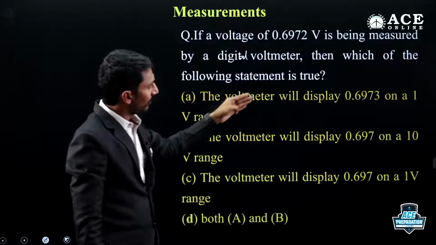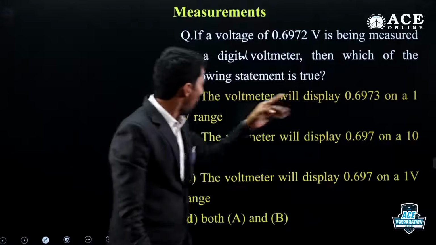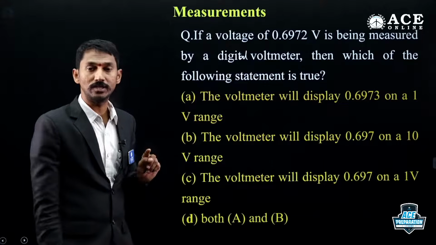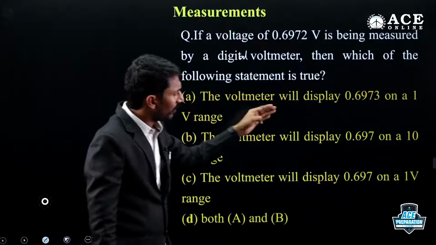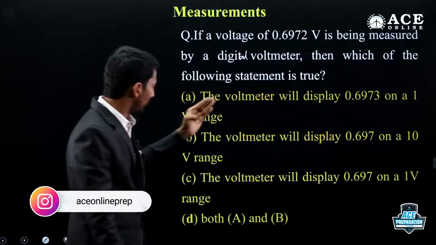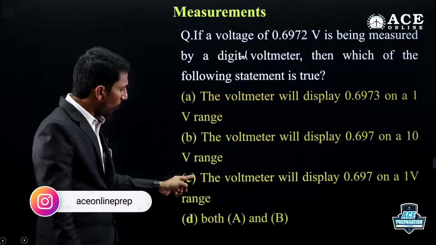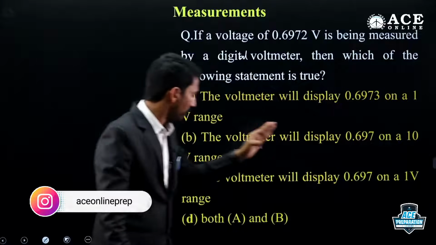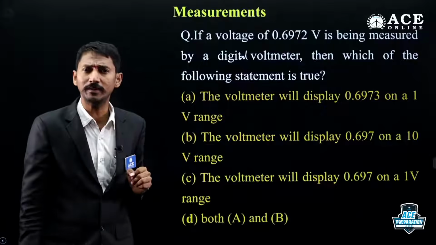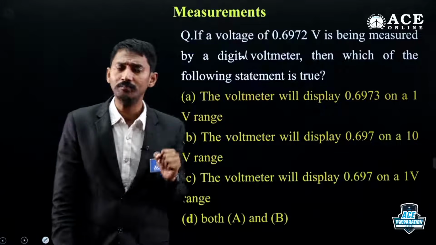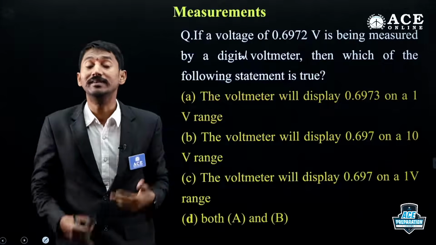The voltmeter will display some number on the 1 volt range. The voltmeter will display some number on the 10 volt range. And the last option is both A and B. In the statements, there is 1 volt range data and 10 volt range data; which is correct?